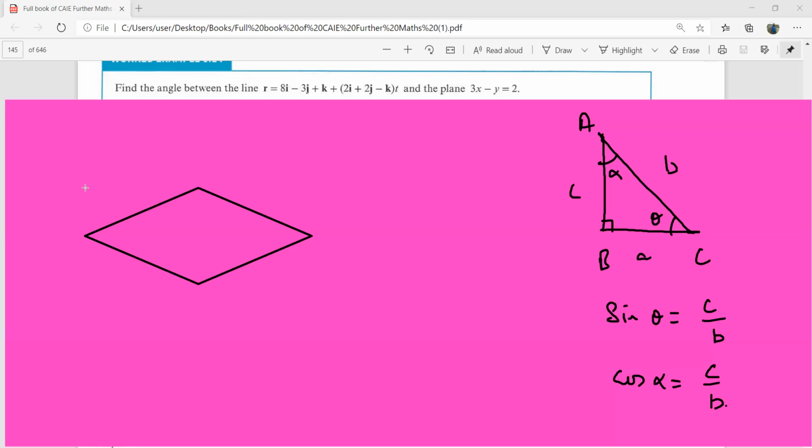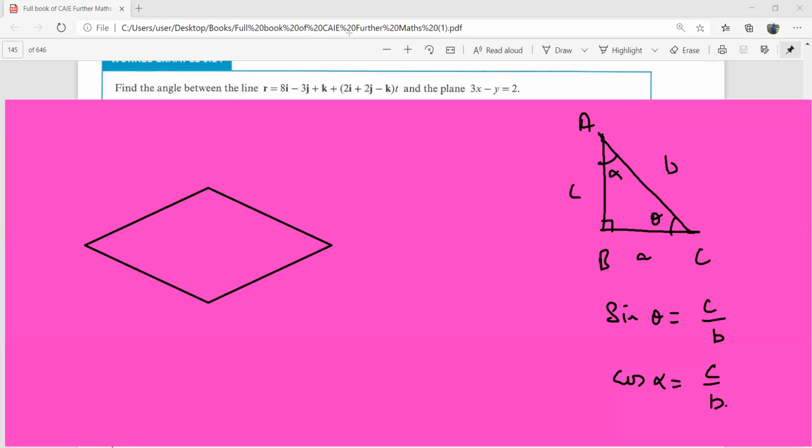Now suppose there is a plane like this, and there is a line coming from here, passing through this plane. We want to find the angle between the plane and this line. I have to make sure that the normal to this plane is going to be a line like this.